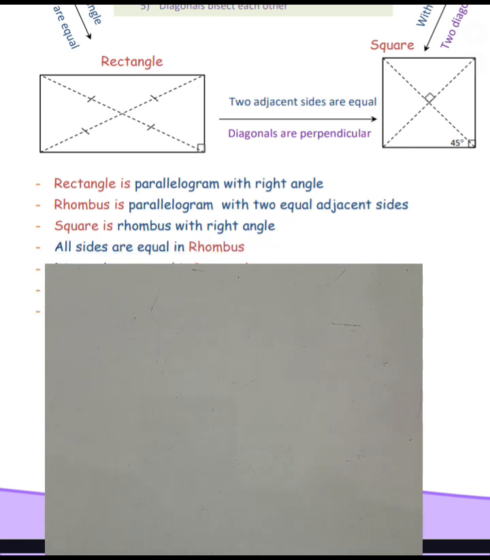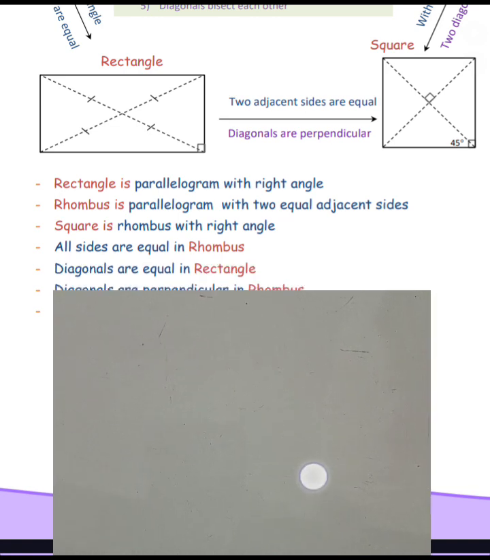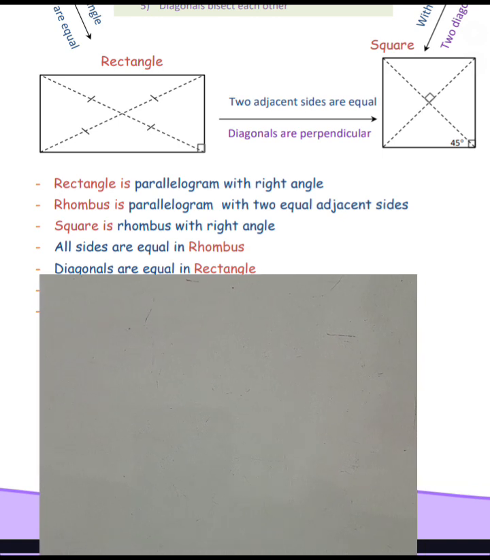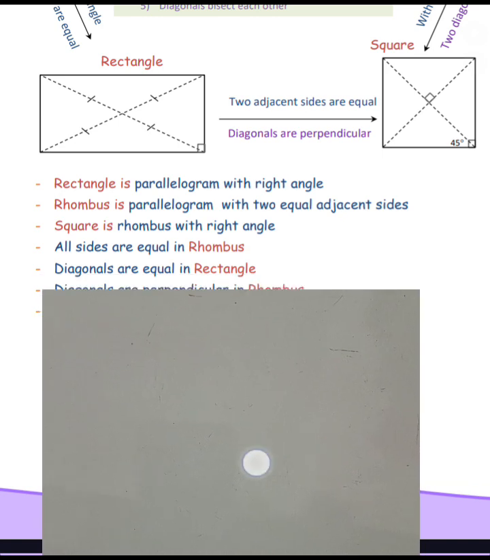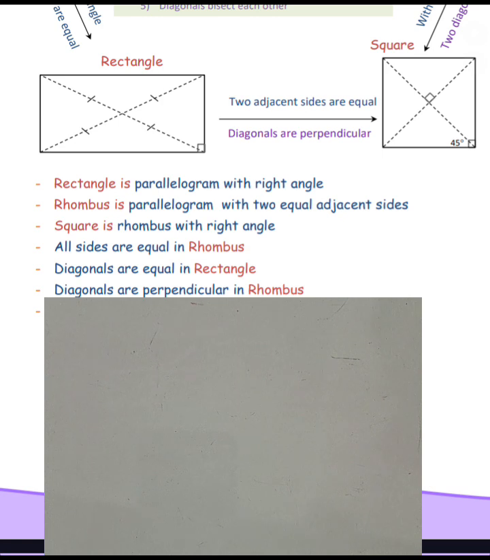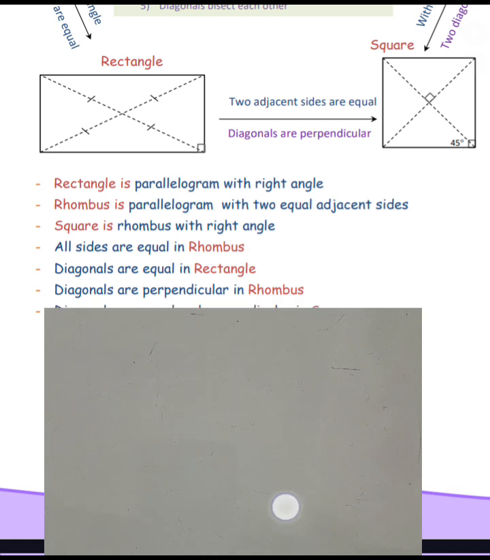All sides are equal lengths in what? In a rhombus. All sides are equal in a rhombus. Diagonals are equal in a rectangle. Diagonals are perpendicular in a rhombus. Diagonals are equal and perpendicular in a square.